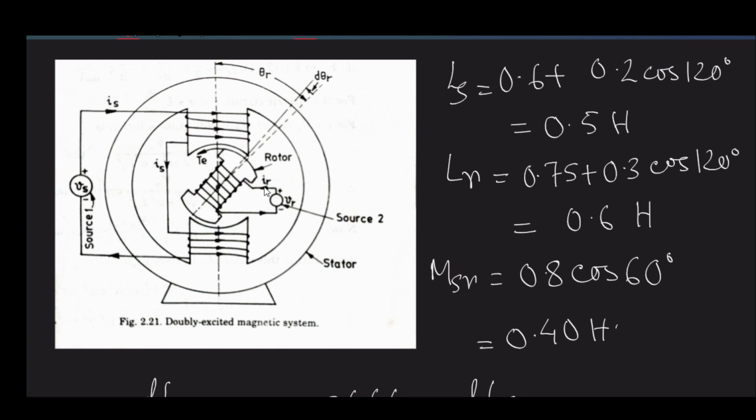Previously it was trying to minimize theta, now it will try to minimize 180 minus theta, right? It will rotate one turn and then align.